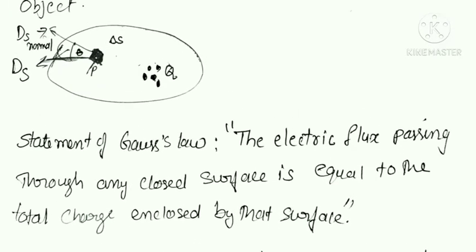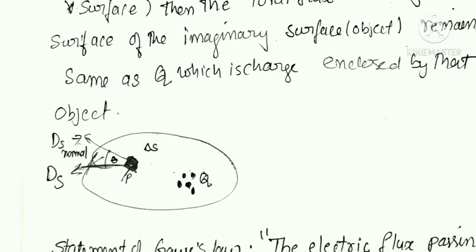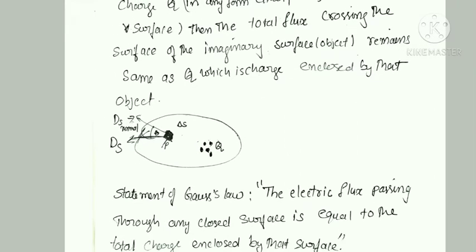Means if I consider an imaginary object or a sphere around a group of charges or a charge, then the total electric flux passing through the surface is equal to the charge enclosed inside that surface.